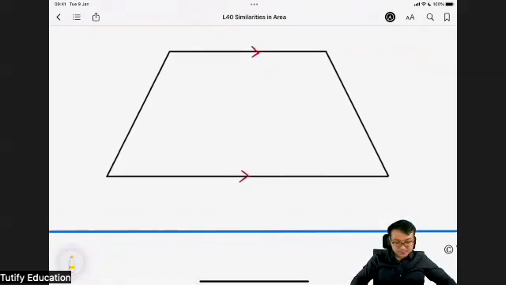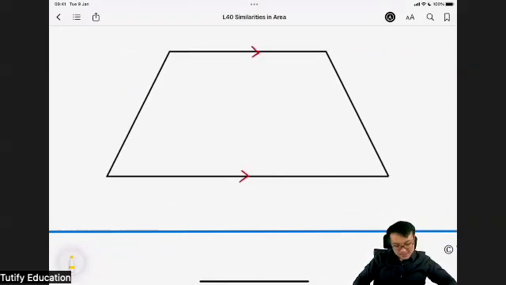Kate, can I ask you something? If nobody told you the formula, and I just show you this shape like this, do you know how to find the area of this shape? If I did not tell you the formula, will you know how to?